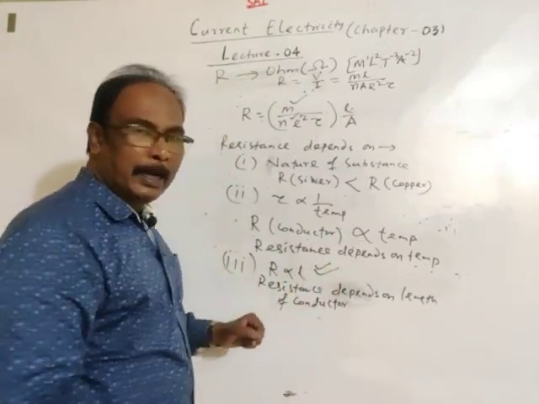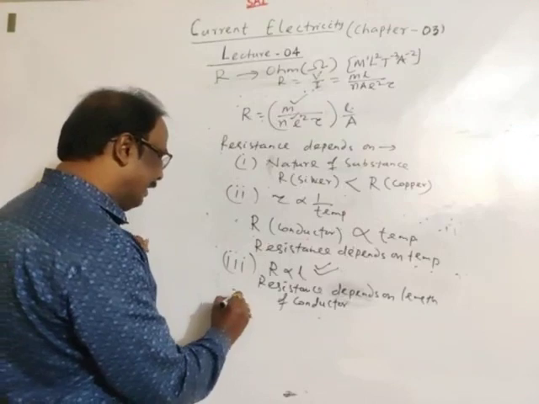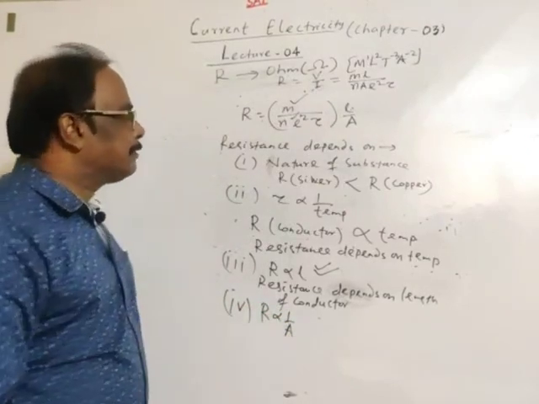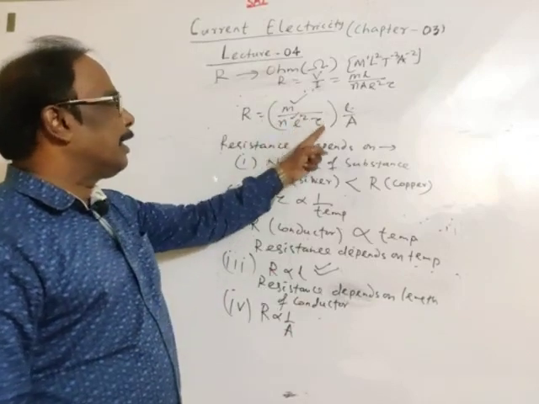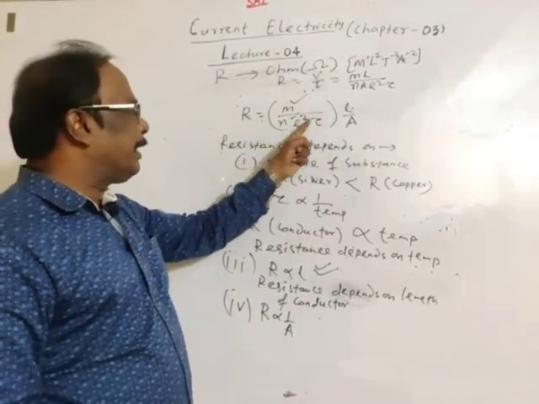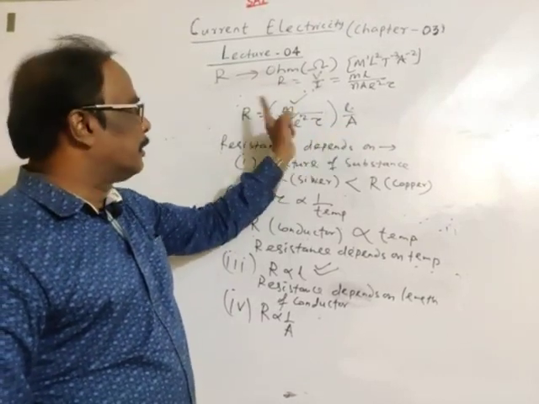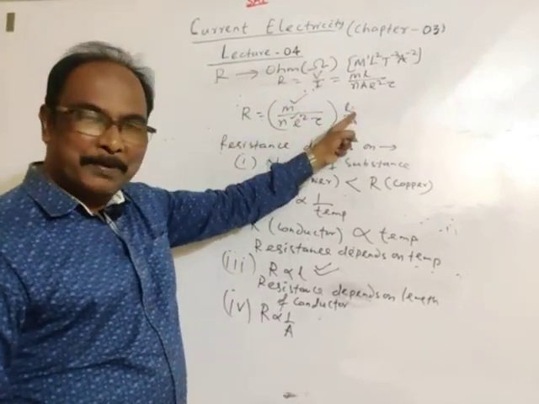We will have numericals on this concept. Then finally, resistance is inversely proportional to area of cross section. If nature and temperature are taken for a given material at a given temperature, and area of cross section is kept constant, then resistance is directly proportional to length.